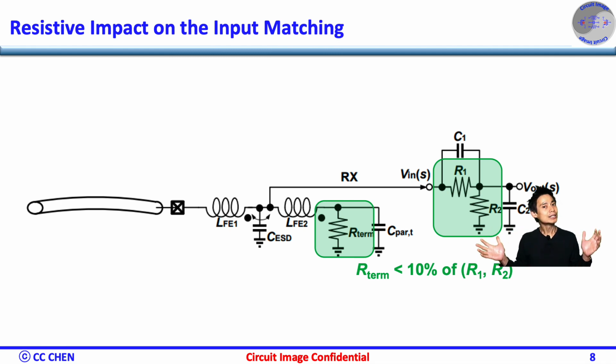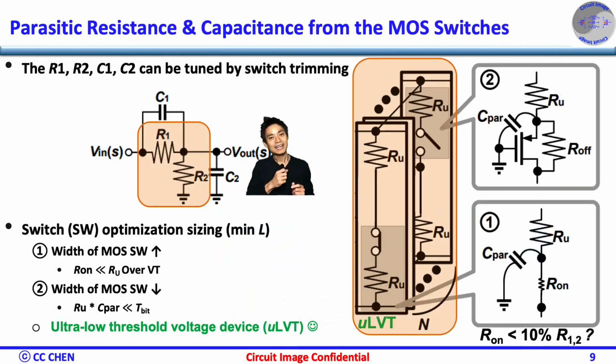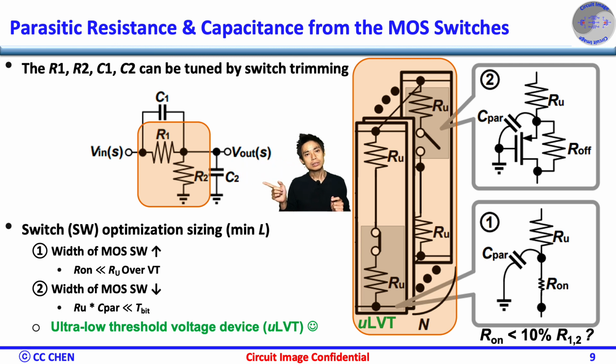Is this good enough? Think about the switch images for 5 seconds. Not yet, and unfortunately, as we mentioned, we can independently adjust the values of the R1, R2, C1, and C2, but we must add the switches in series with R1, R2, C1, and C2.